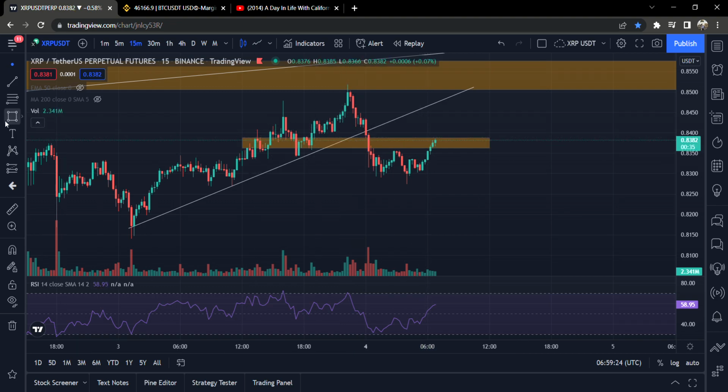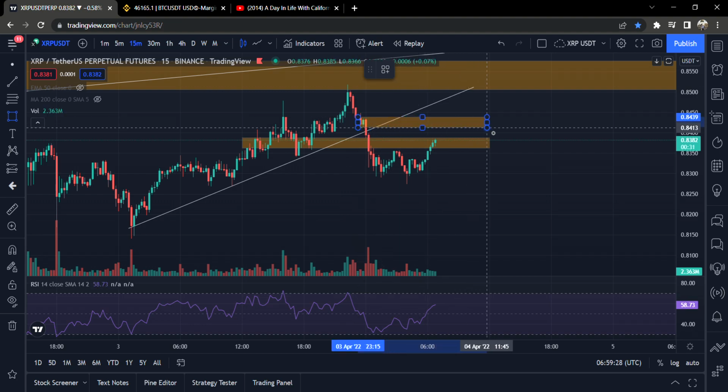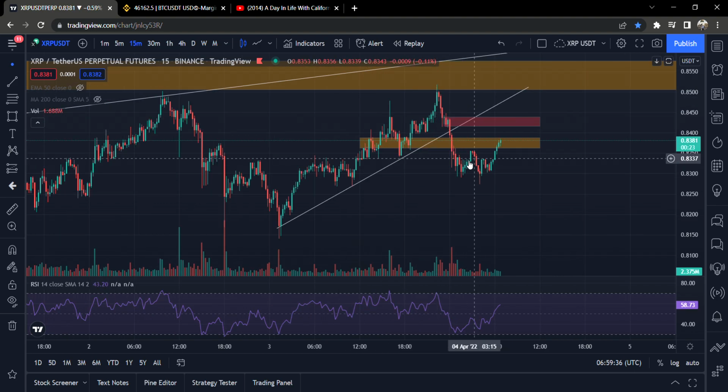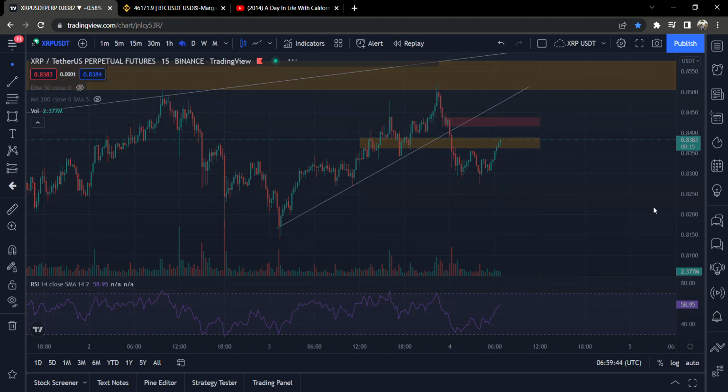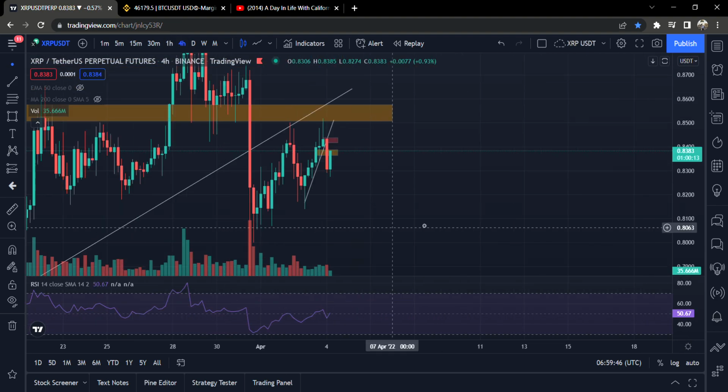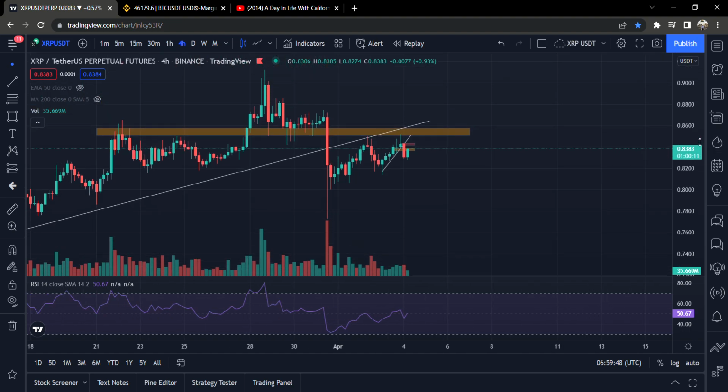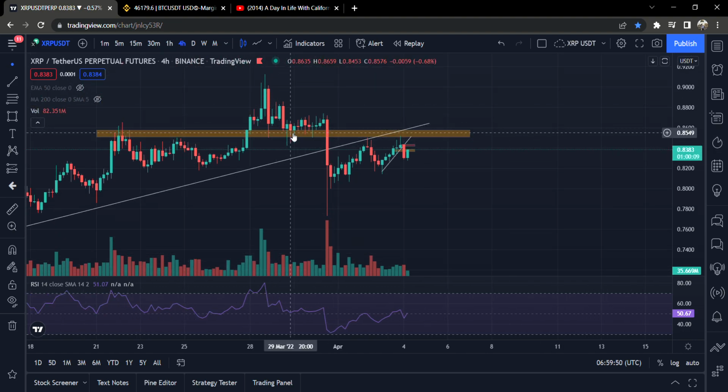So you can see from this level the major selling pressure came, right? From this level the major selling pressure came. So it is kind of a double bottom, but you can see in our high time frame we are in a reversal kind of pattern, and all the structure was showing us this breakdown structure right here.